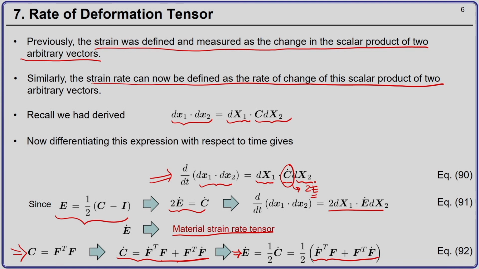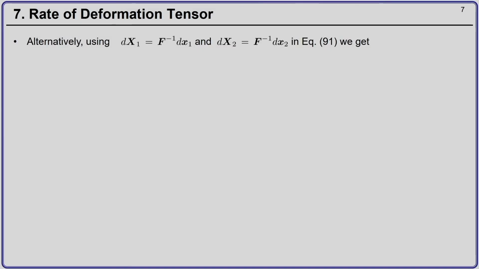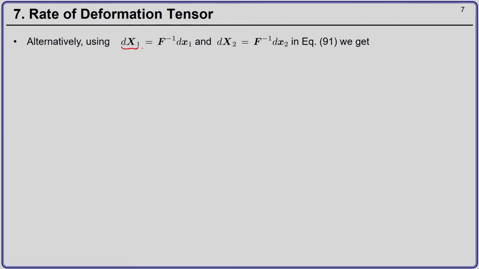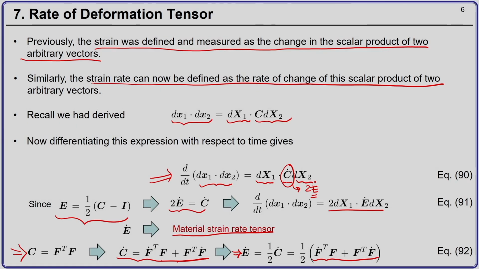Now, alternatively I can express my material vectors in terms of the inverse of the deformation gradient tensor times the spatial vector dx1, and dx2 will be the inverse of the deformation gradient tensor times the spatial vector dx2. Therefore, if I use this in equation 91, dx1 is F inverse dx1 and dx2 is F inverse dx2.